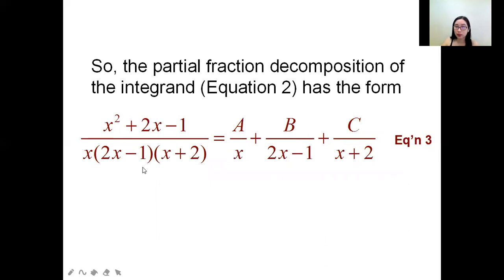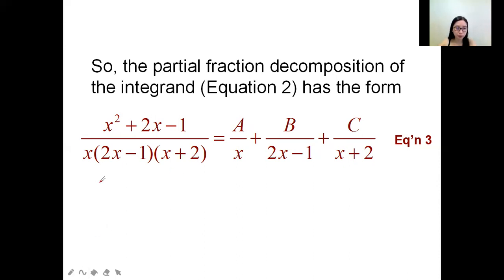So equals, we use what we have in equation 2 earlier. So we have capital A over x, which is our first distinct linear factor, plus B over the next distinct linear factor, plus C over the next.